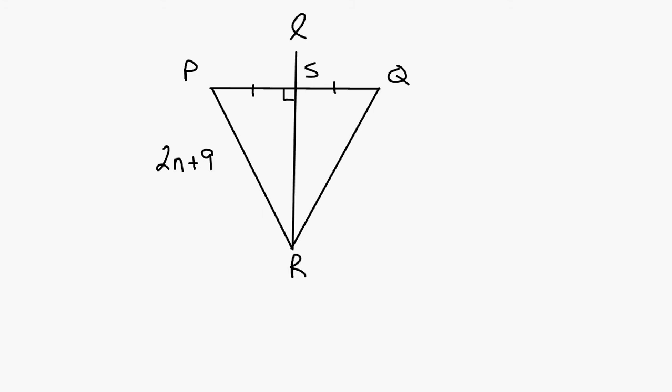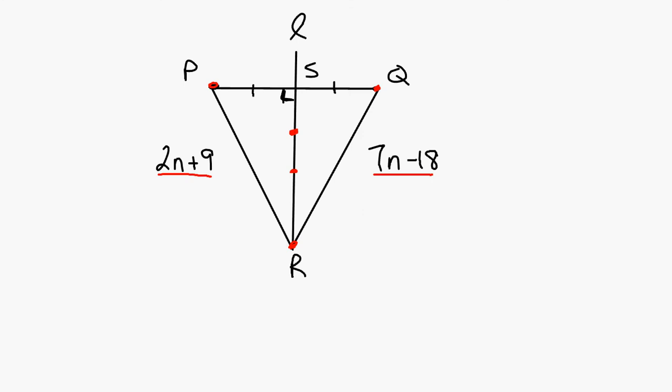What kind of a bisector? It's a perpendicular bisector. It intersects at 90 degrees, and it splits a segment in half. It splits PQ in half, and it intersects it at 90 degrees. So it's a perpendicular bisector. If it's a perpendicular bisector, then any point along the perpendicular bisector is equal distance from Q to P. So 2n plus 9 is going to be equal to 7n minus 18.